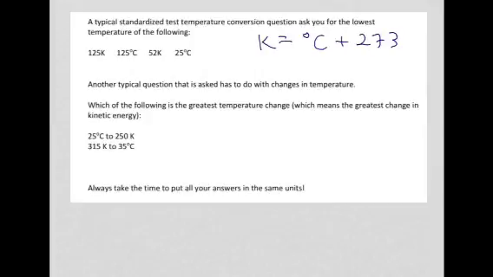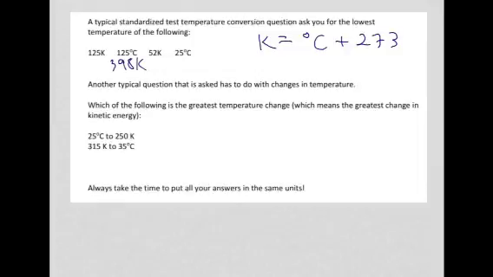Okay, so what I did was I put the equation right here on the paper. It always makes it easier to go ahead and solve. So I suggest obviously putting everything in Kelvin. So if I have 125 degrees Celsius plus 273 Kelvin, that is 398 Kelvin here.